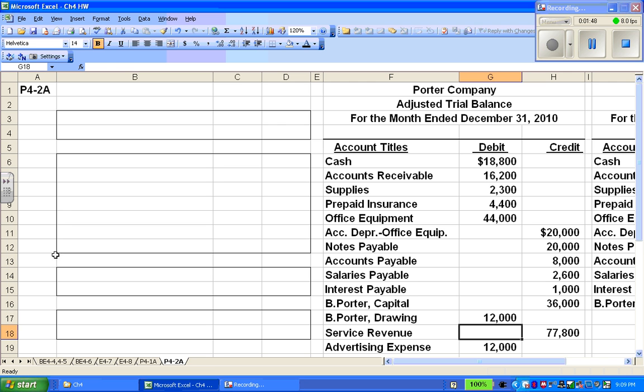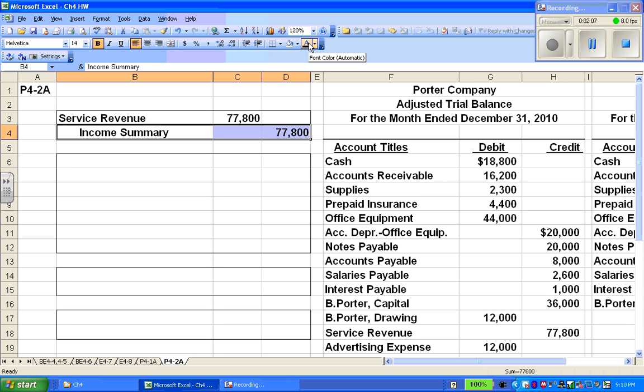So let me debit service revenue, and then we're going to use the one account that I told you only appears when we're closing out our temporary accounts, and that is the income summary account. During the course of the year, this income summary account will remain zero, and then when we're journalizing our closing entries, we're going to use it to dump our revenue and expenses into. All right, so here's my first entry.